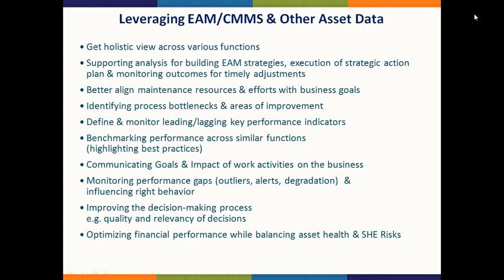While the strategy itself can be built to align the maintenance goals with the business goals. Also, there are process improvements. We all do continuous process improvement, and part of that is to identify the bottlenecks and areas of improvement, and some of the KPIs can be designed towards that.